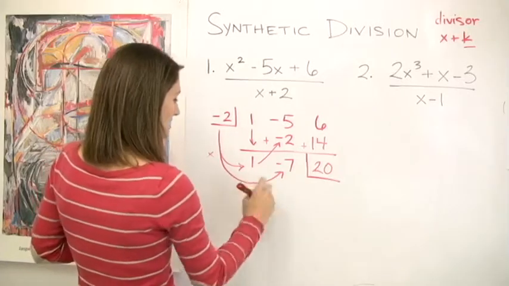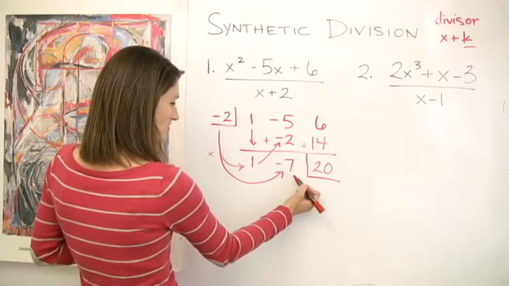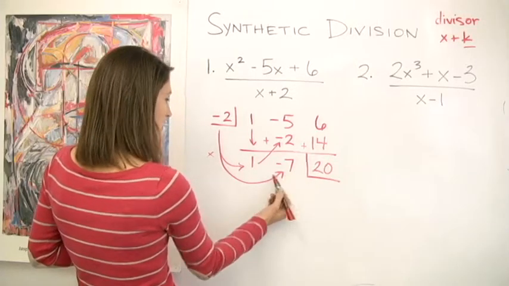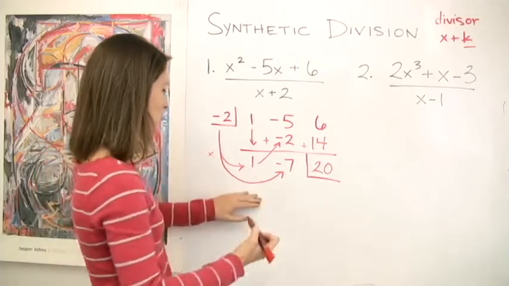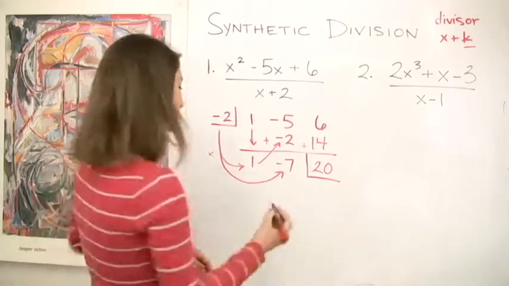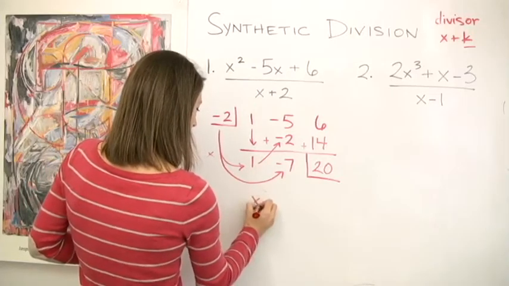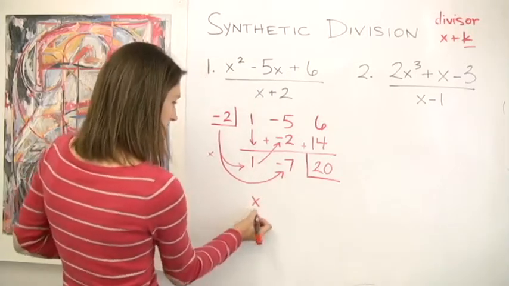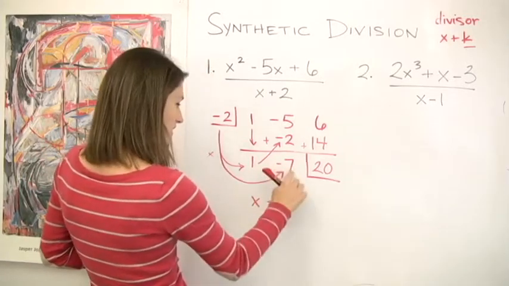So we can write this, since this is our remainder, the -7 is our constant in our answer, and our 1 is a coefficient to our x term in our answer. So let's go ahead and write that down here. So we have x, so the 1 is here, and then we have -7, because that's what we got here.